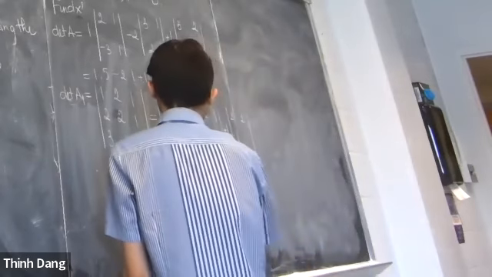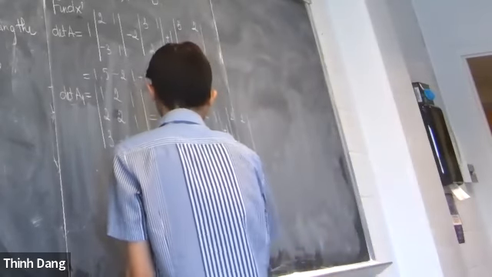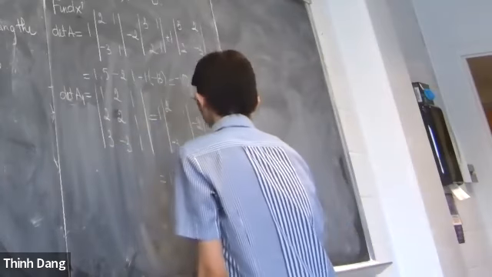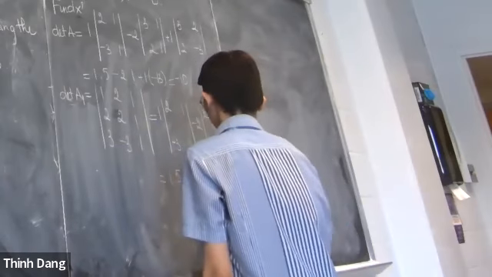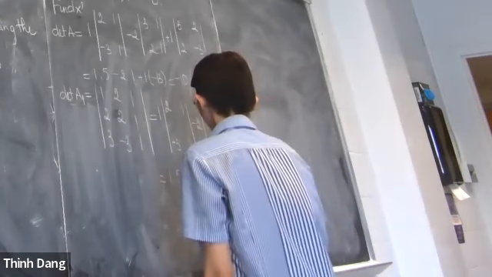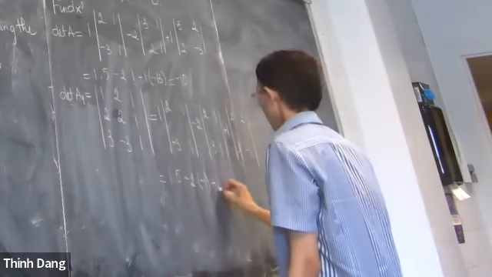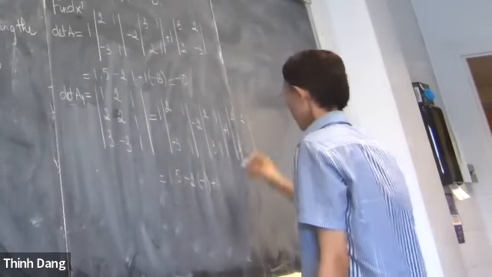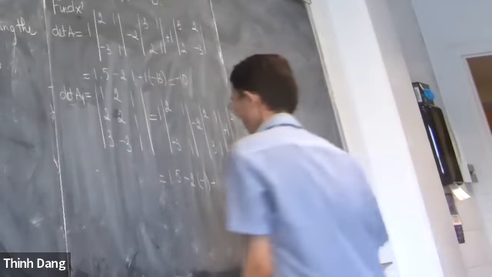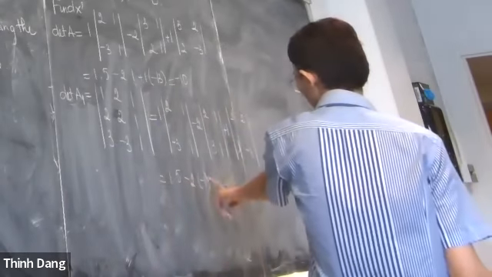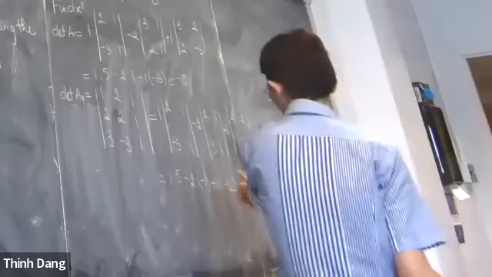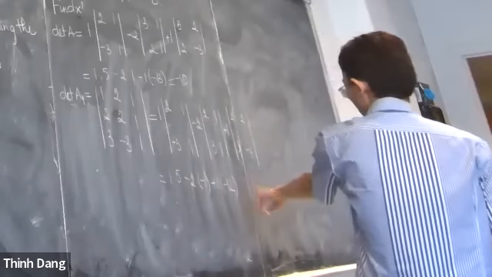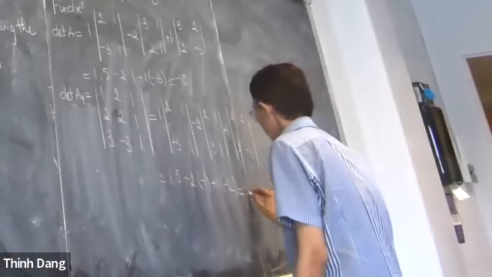Okay, so we have 1 multiplied by 2 plus 3, which is 5, minus 2 multiplied by 2 minus 3, which is negative 1, and then plus 1 multiplied by negative 6 minus 6, which is negative 12. So we got 5 plus 2 is 7, 7 minus 12 is negative 5.